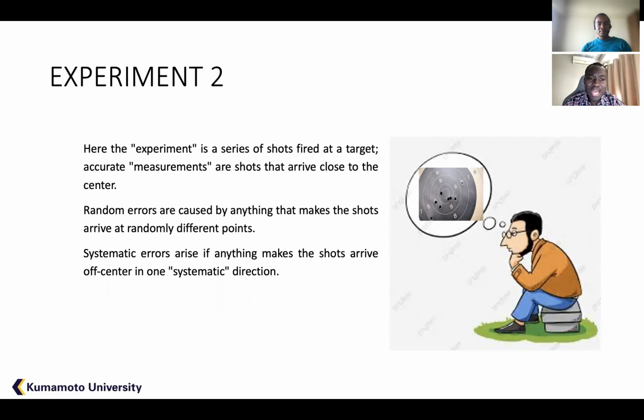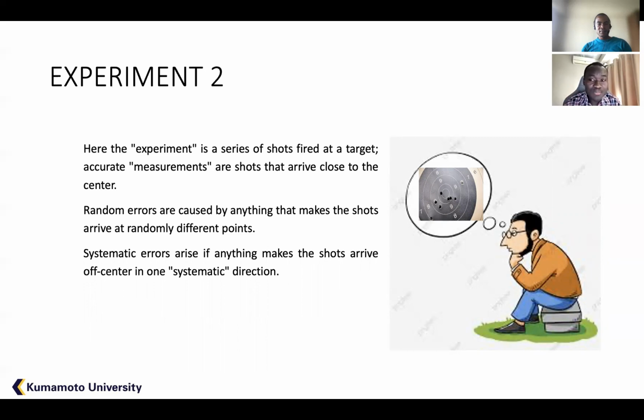In many real life situations, however, like we saw in the previous experiment, we are able to compare our values with the true value to know whether it's centered around the true value, grouped around the true value, or scattered. But in many real life experiments, we do not have an idea of the real value.